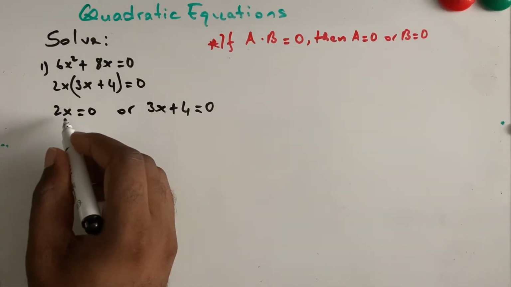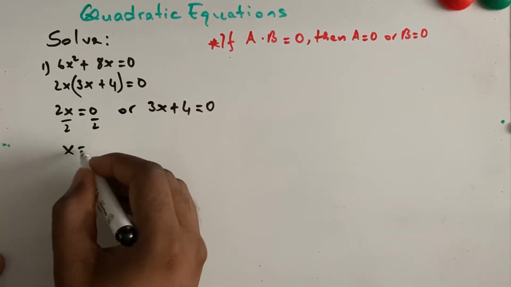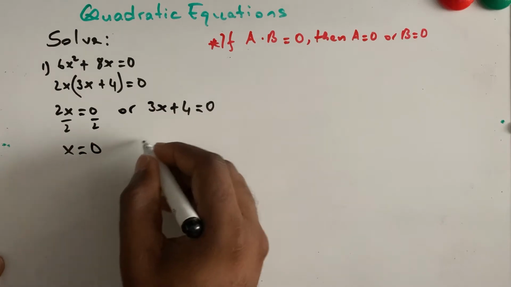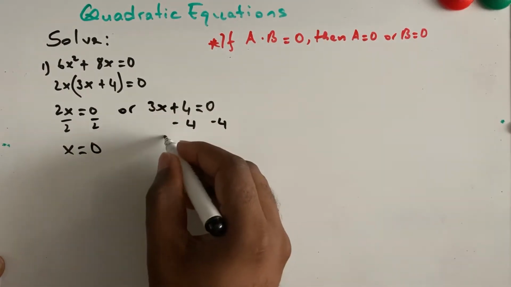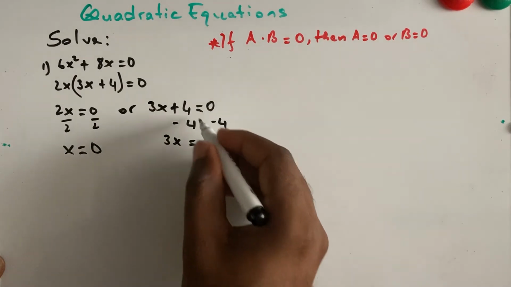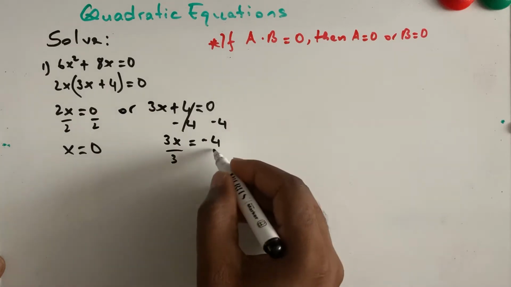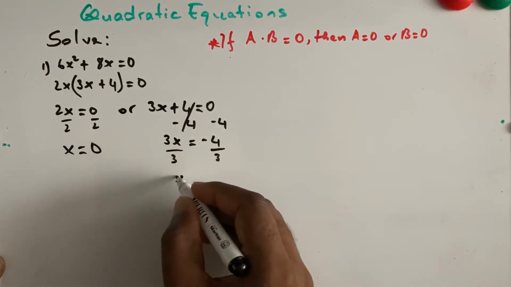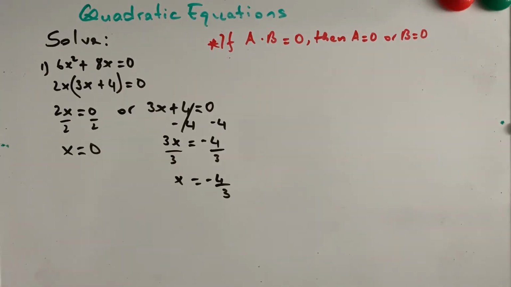Then from here, solving for x is pretty easy. You divide both sides by 2. Therefore, x is 0. And right here, subtract 4 from both sides. You got 3x equals negative 4. Then you divide both sides by 3. You have x equals negative 4 over 3, okay?